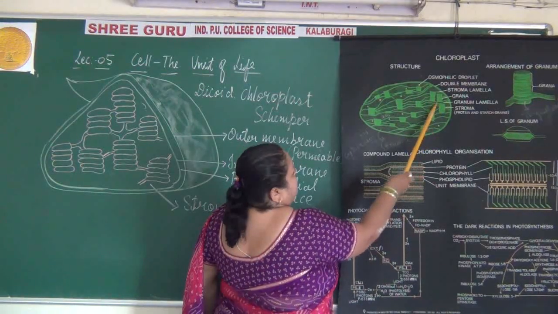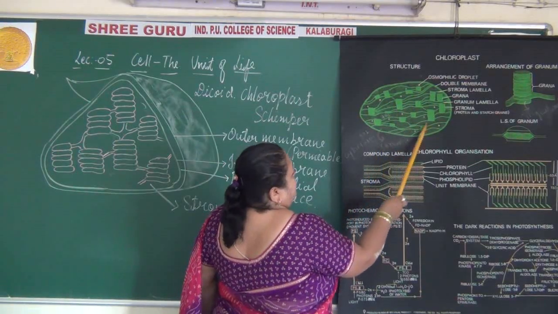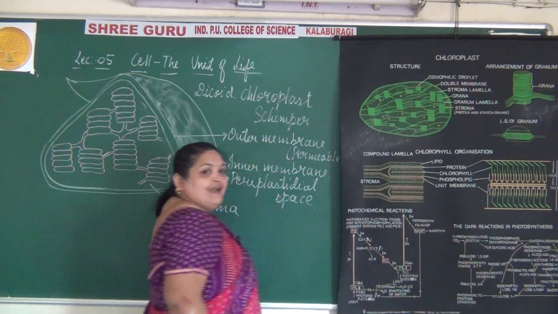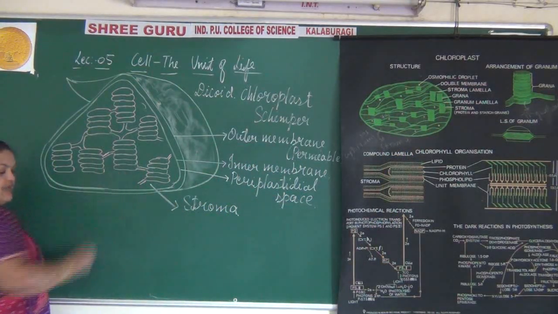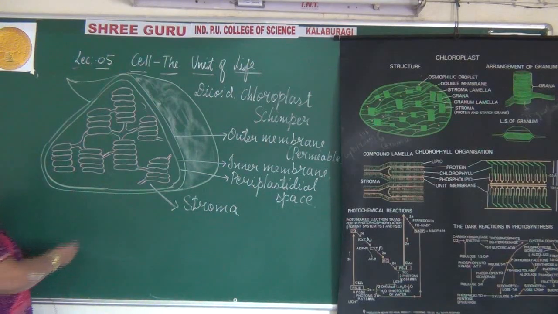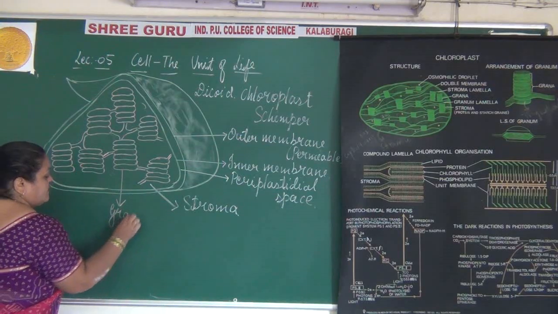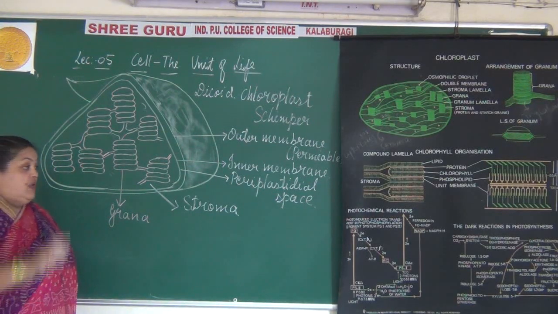These structures are known as grana. Singularly, they are called granum.